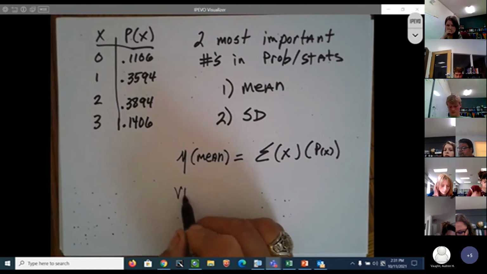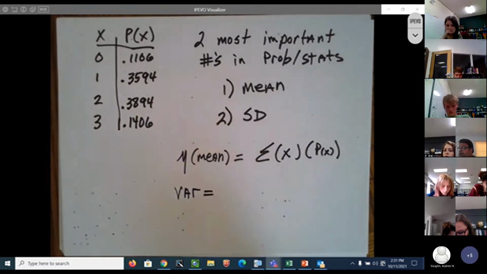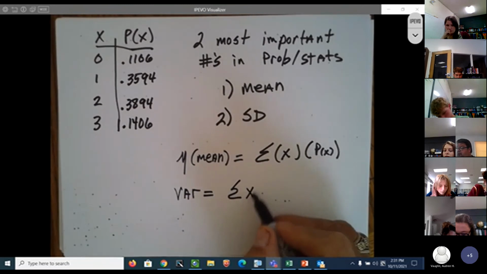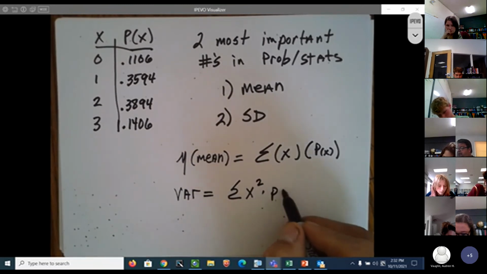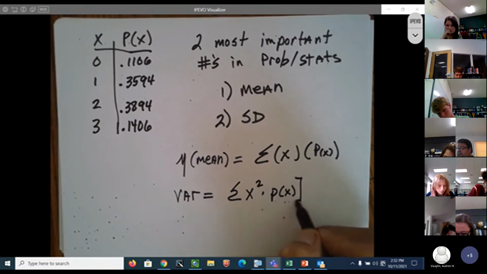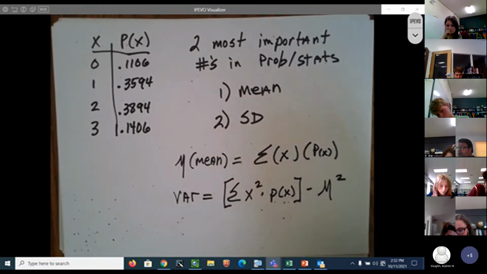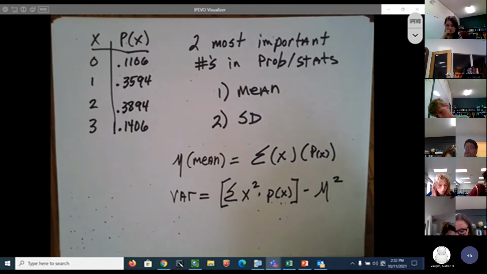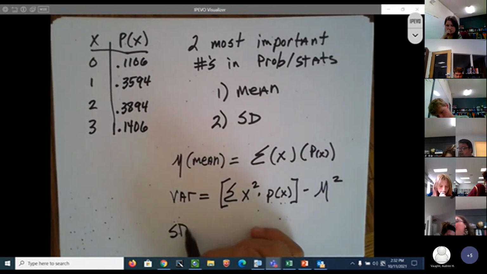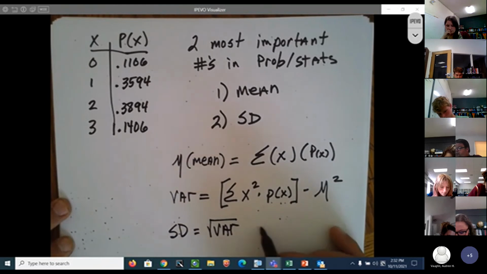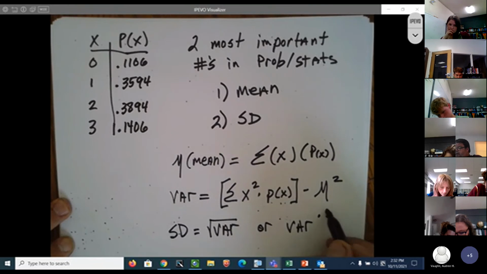Variance is equal to the summation of x squared times P of x minus mu squared. And the standard deviation is equal to the square root of the variance, or the variance raised to the 0.5 power.